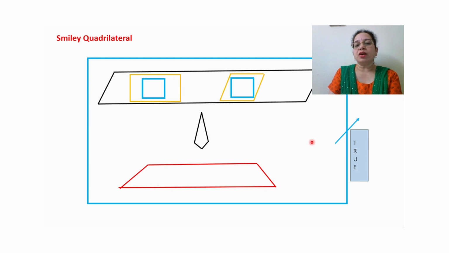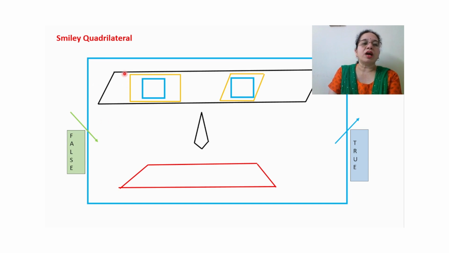Whenever we are going outside, the statement is always true. What does it mean? A square is a rhombus, it's true. A square is a parallelogram, this is true. A square is a rectangle, again this is true. When we come inside, the statement is false. What does it mean?